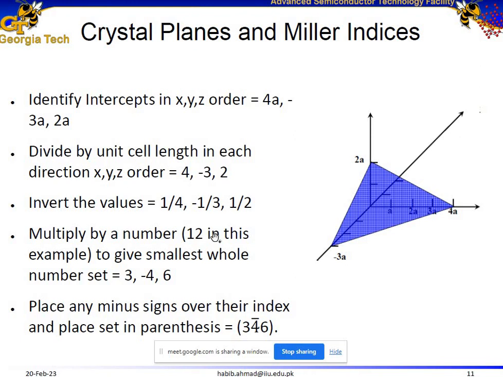So in order to convert them into whole numbers, you multiply them with their least common multiple, which is 12 over here. So multiply it with 12, you get 12 into 1 over 4 is 3, 12 into minus 1 over 3 is minus 4, and 12 into 1 over 2 becomes 6. So now 3, minus 4, and 6 are your Miller indices and also your crystal plane. But it can also be represented in this form. Minus 4 can be represented with a 4 over bar. So the crystal plane over here is 3, 4 over bar, 6.